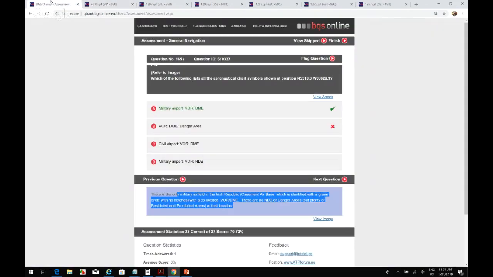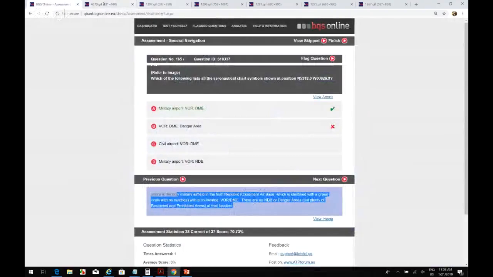So that green circle is the military one. This down here with the notches would be a civilian one, but this one is military. I guess this cartwheel here must be the VOR DME. I don't know. Is that VOR DME?